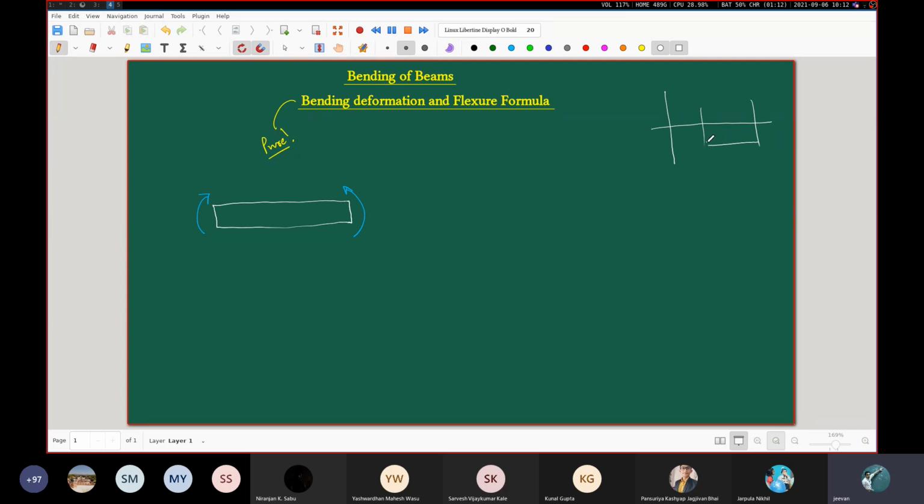So over that section, the beam will be under pure bending, and not just pure bending, it is under a state of a constant value of the bending moment.